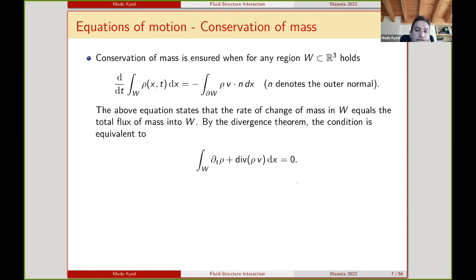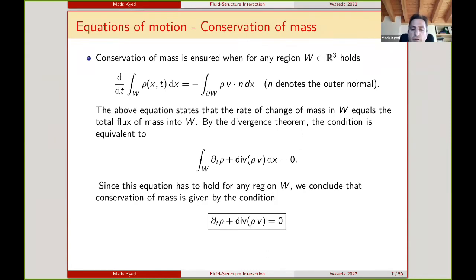Okay, so by the divergence theorem, we can convert the right-hand side, our surface integral, into a volume integral of divergence rho v, and then we can write our mass conservation equation as integral over V of dt rho plus divergence rho v equal to 0.